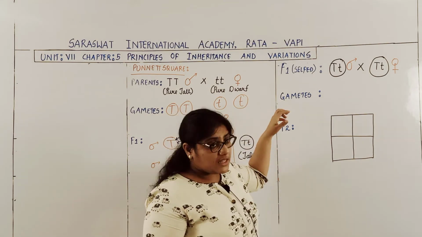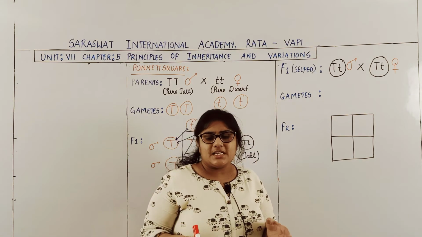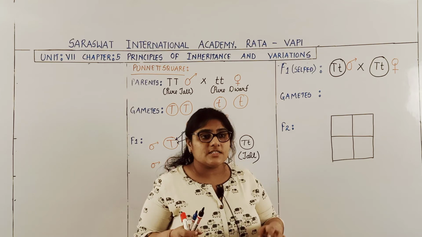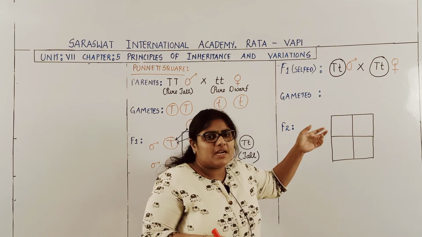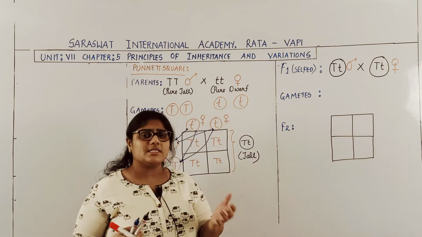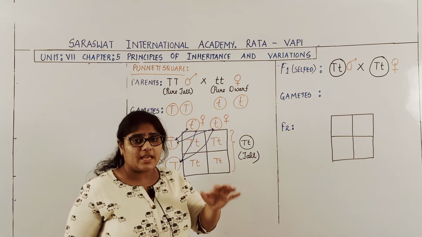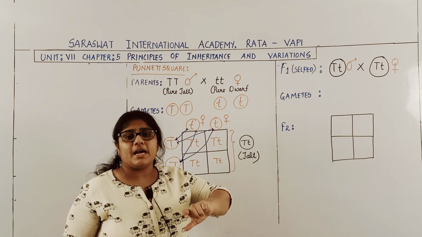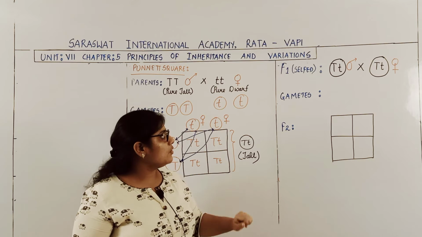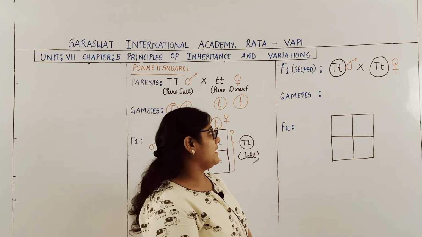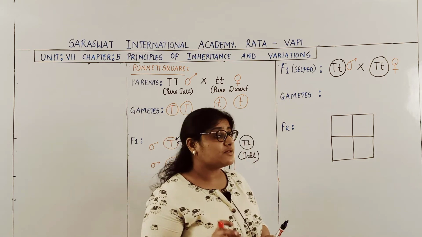Now when the F1 plants are selfed, that is fusion occurs or crossing occurs between the same plants, as the F1 plants are bisexual, self-pollination will occur there. So pollen of the same plant will set on the stigma of that particular flower only. So when the F1 plants are selfed, what results would be obtained?